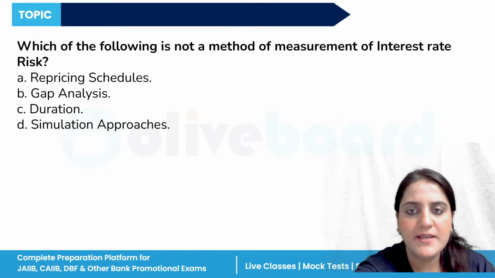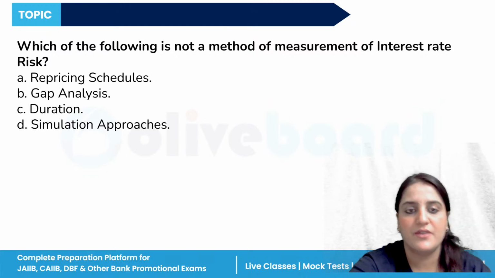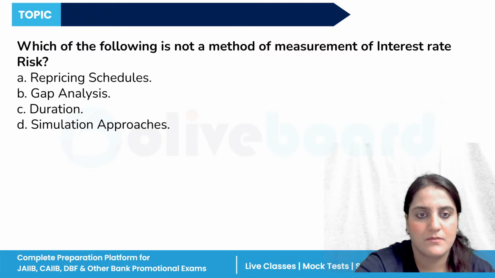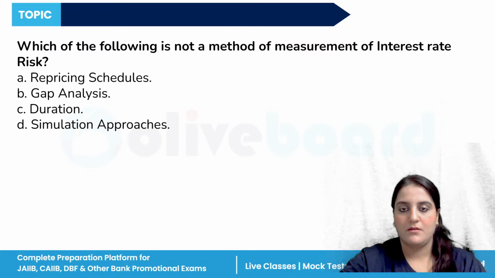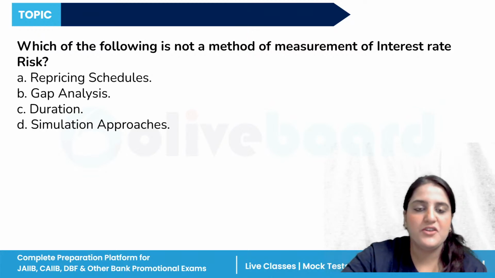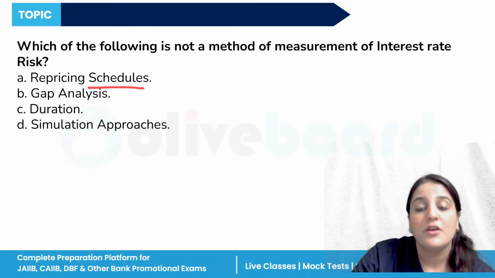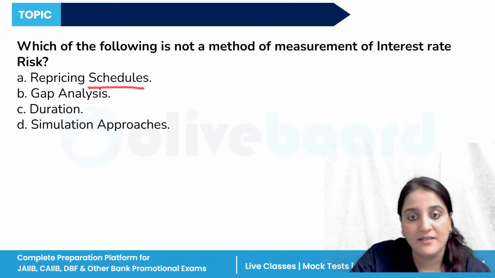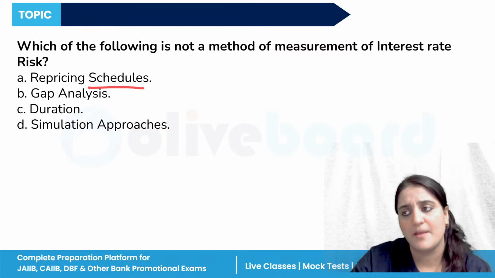Which of the following is not a method of measurement of interest rate risk? See, if we talk about repricing schedules, this method involves grouping assets and liabilities based on when their interest rates are next subject to change.